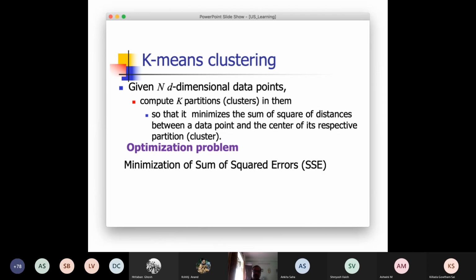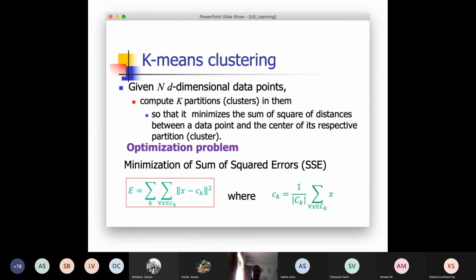As you see, we are minimizing the sum of squared errors, and this can be mathematically expressed in this fashion. Say you have the input data point represented as x, and if I consider a partition, the sum of squared error is defined with respect to a given partition. Suppose there are K partitions. Consider for individual partitions, whatever elements belong to that partition, take the sum of squares from its mean.